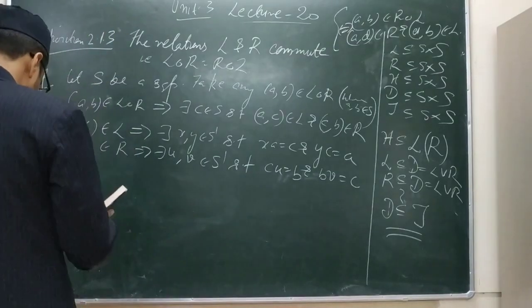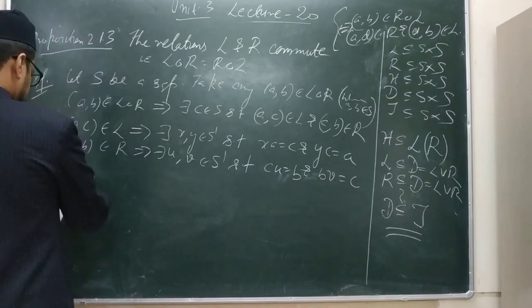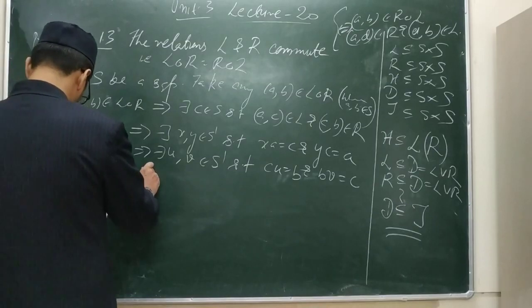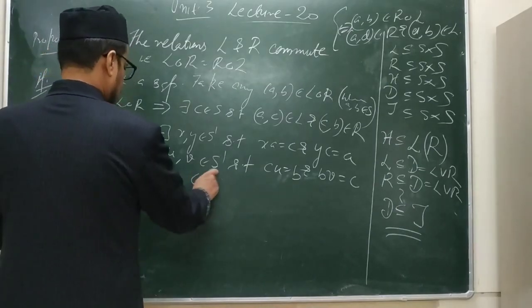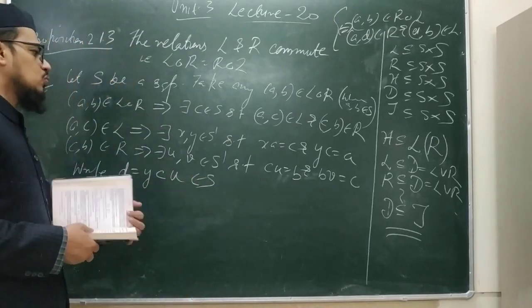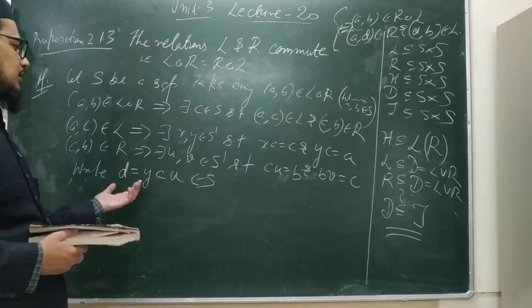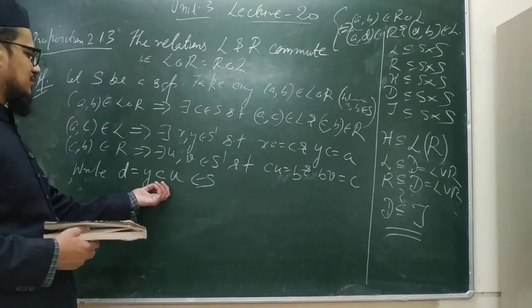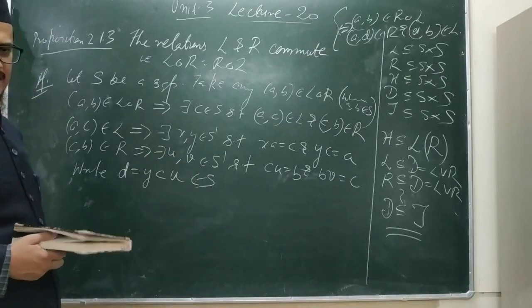Now let's choose D equal to YCU. Of course, YCU is a member of S because Y, U and C are elements of S. When they operate, it will again go in S. S is a semigroup.